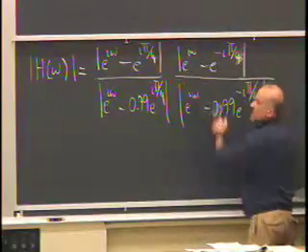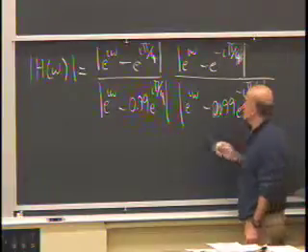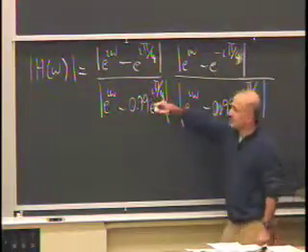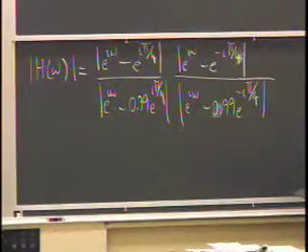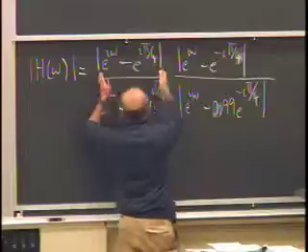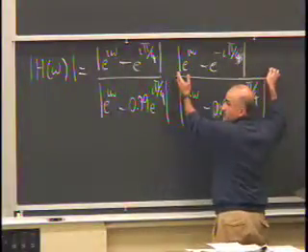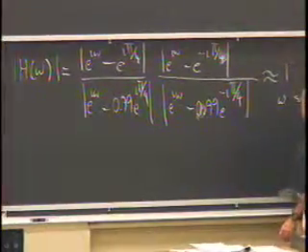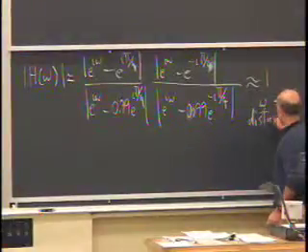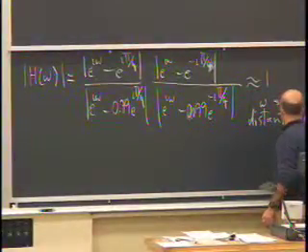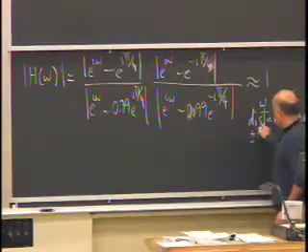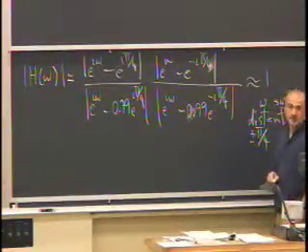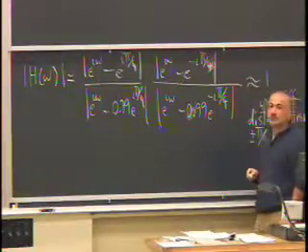When I'm away from minus pi over 4, this ratio is approximately 1 as well. So at all the points around the unit circle that are sufficiently away from pi over 4 and minus pi over 4, this ratio is approximately 1, and the product is approximately 1 for omega sufficiently distant from plus or minus pi over 4. Is that clear? Question?